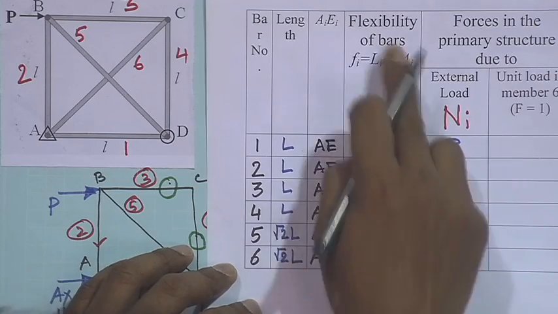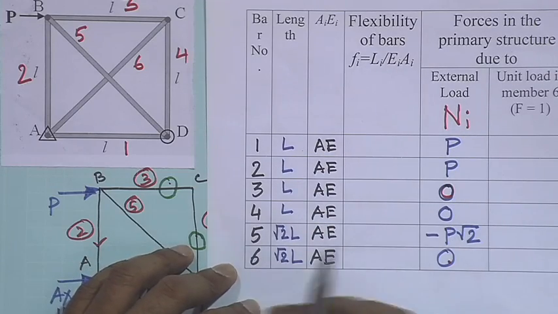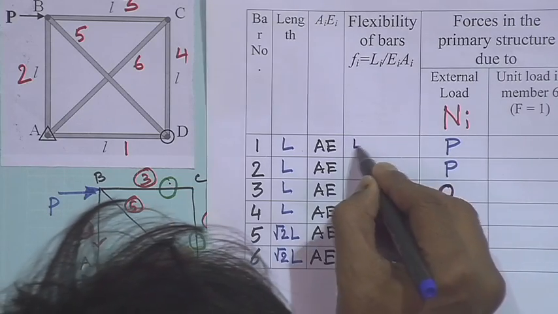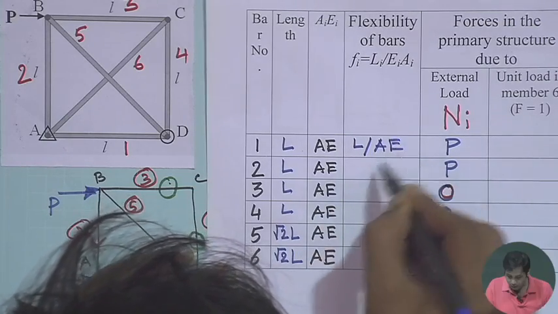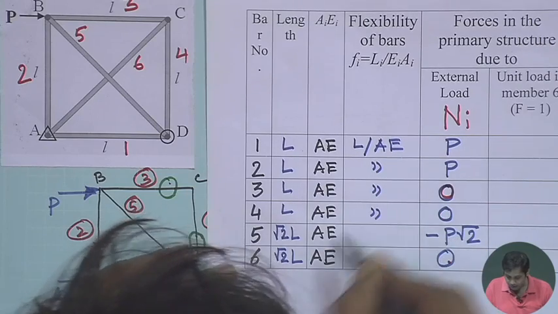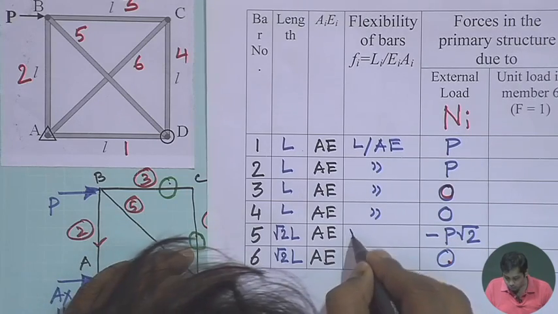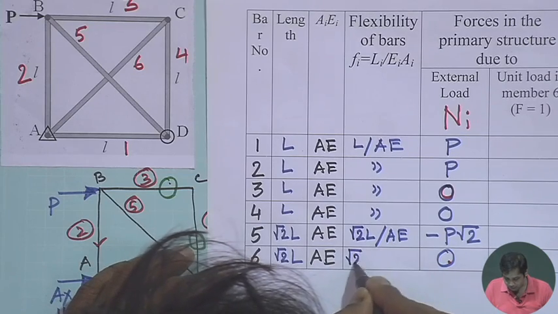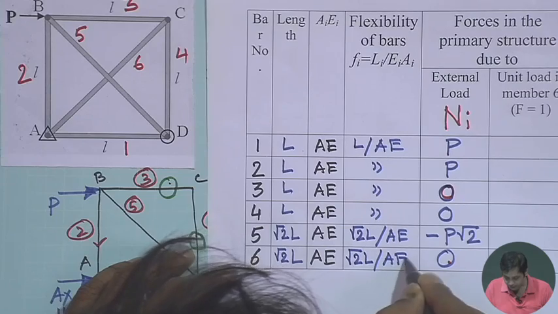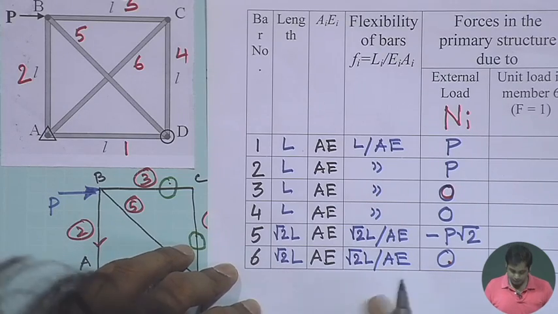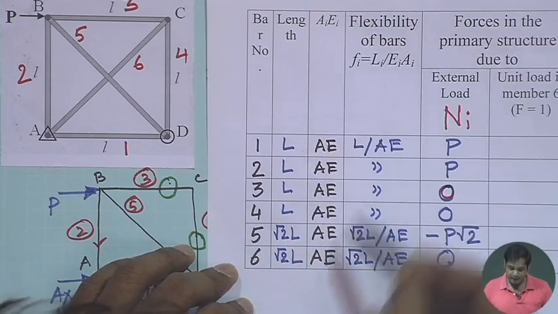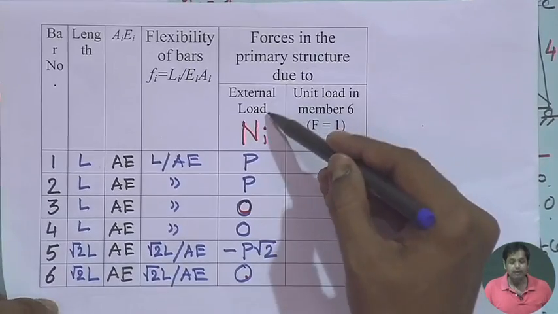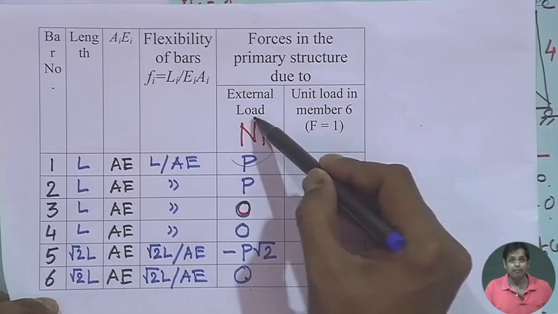Then the flexibility of each member under axial force becomes L by AE for the first four, and root 2L by AE for members 5 and 6. So this is the length, this is AE, then the flexibility of each bar, and then the forces in the members due to external load, which is capital N.